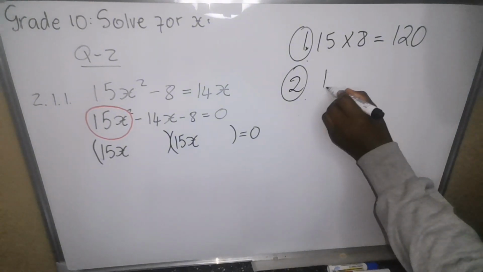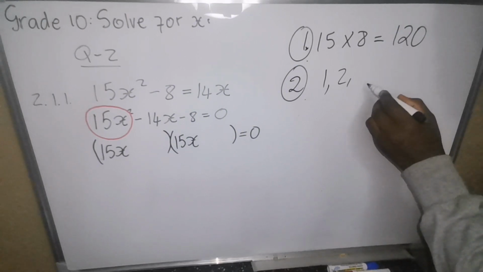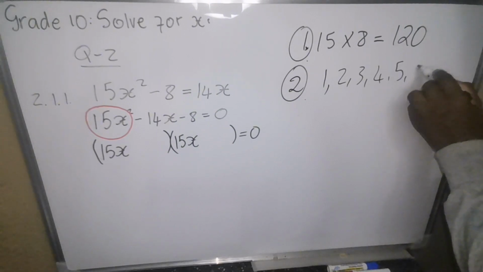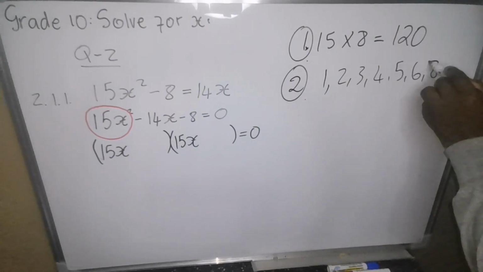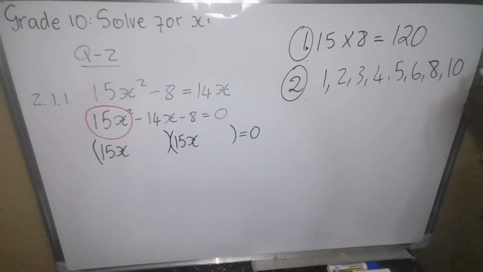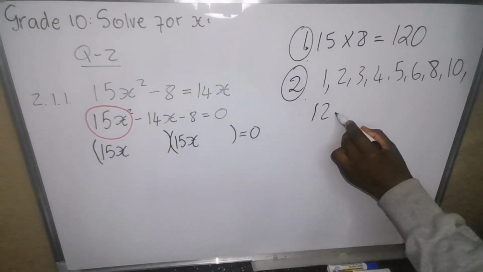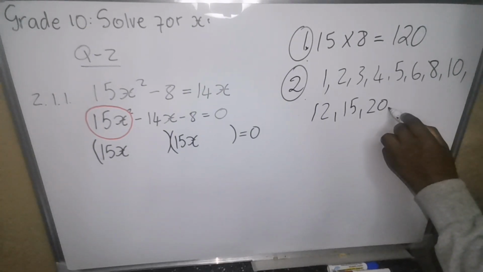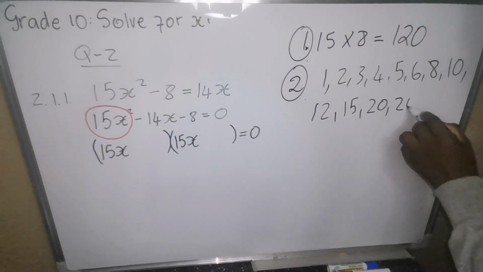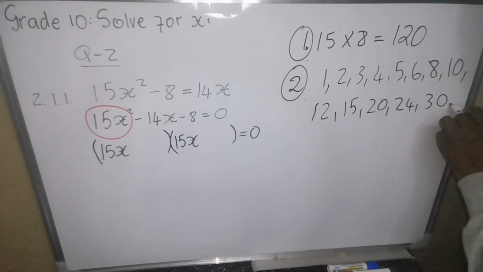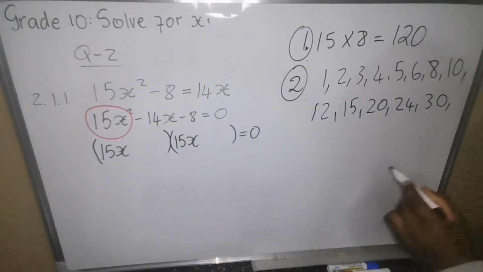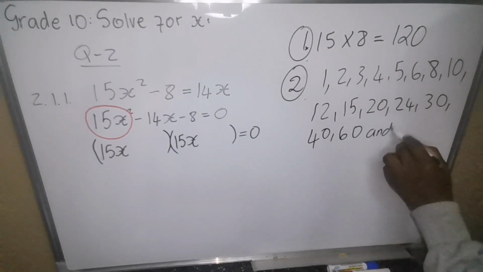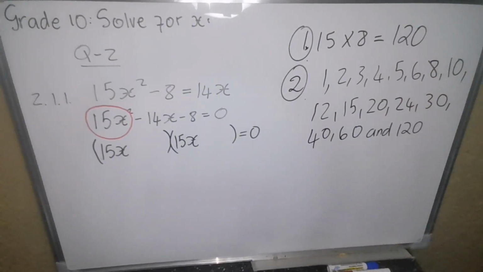Factors of 120 are 1, 2, 3, 4, 5, 6, 8, 10, 12, 15, 20, 24, 30, 40, 60, and 120. These are factors of 120, guys.